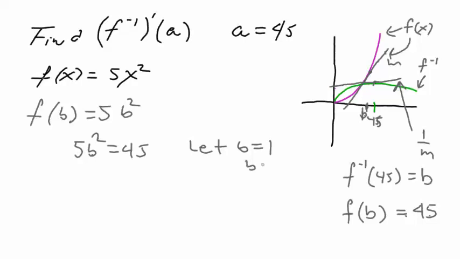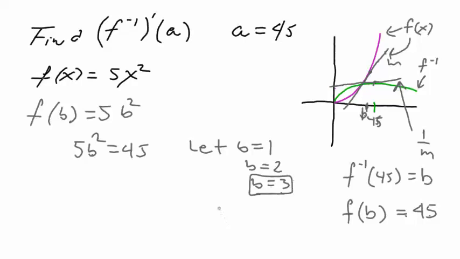Well, then let's let b equal 2. 2 squared is 4, and 4 times 5 is 20. That's not it either. What about if b is equal to 3? I think that's actually going to be it, right? Because 3 squared is 9, and 9 times 5 is 45. So there's our b right there.